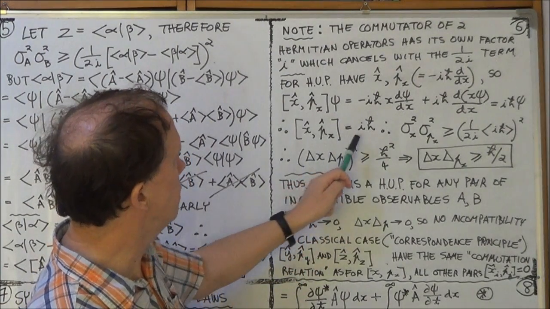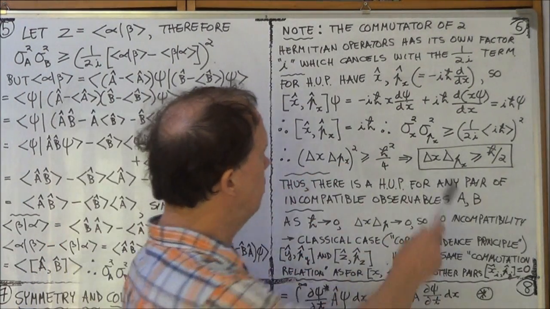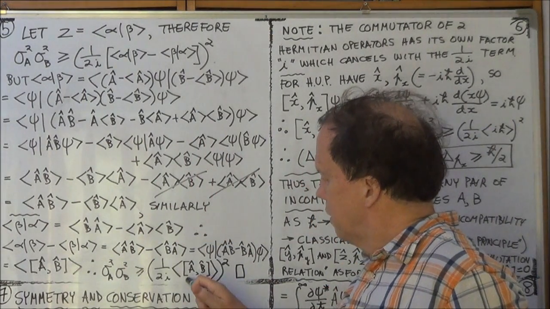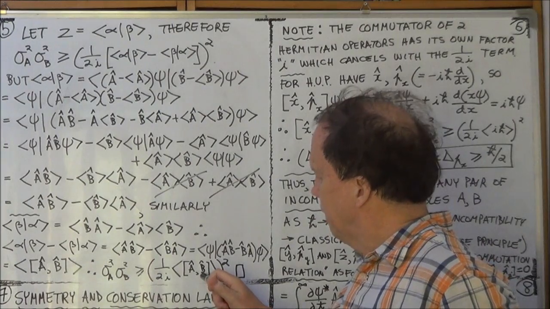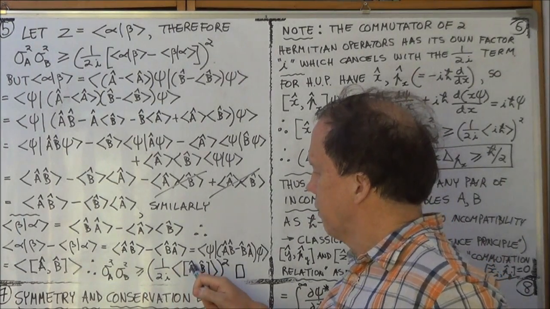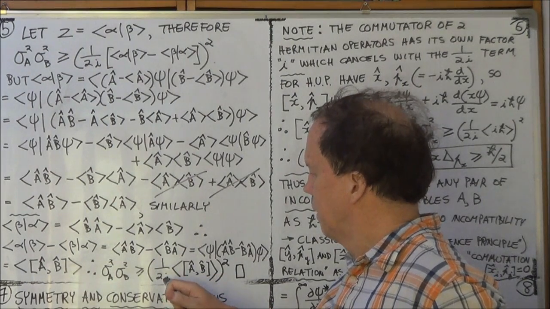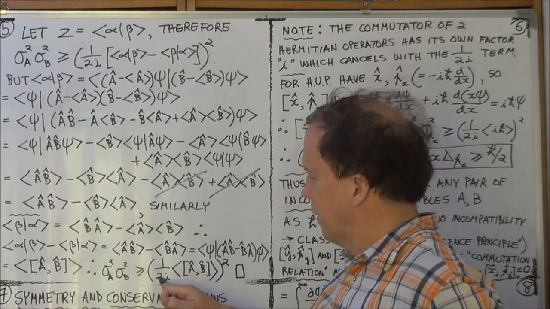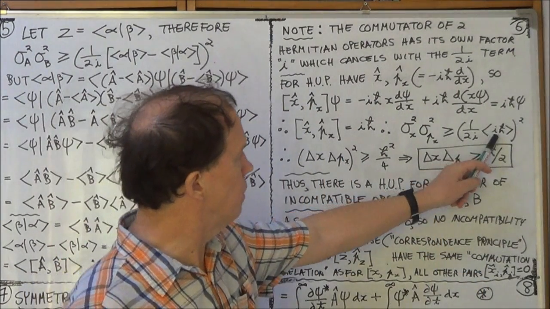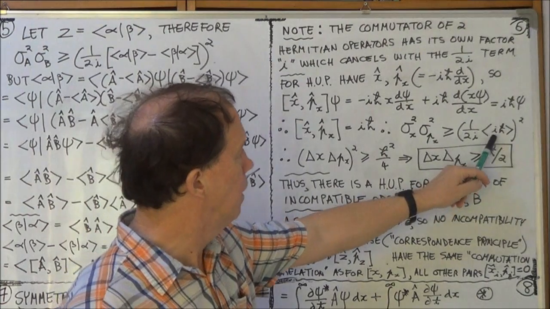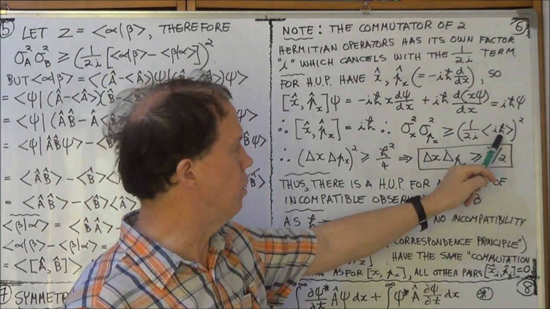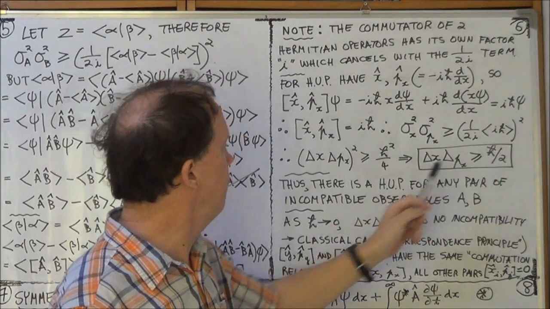So the commutator is i h bar, and therefore take this expression. This is now i h bar, and the i's will cancel, so you'll get h bar over 2 squared. Now these are just constants, so the expectation value, the average value of a constant, is just the constant.